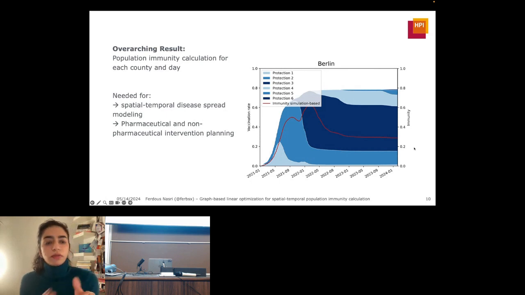This is provided for every day, every county by our model, and it can be used as input for spatial temporal disease spread modeling, and also to plan pharmaceutical or non-pharmaceutical interventions by governments or organizations.